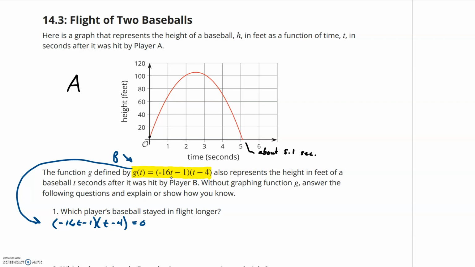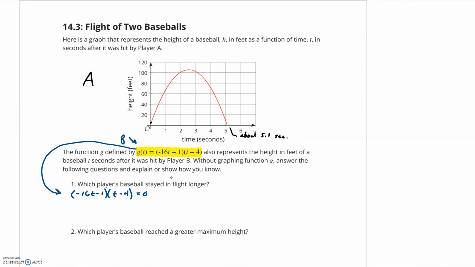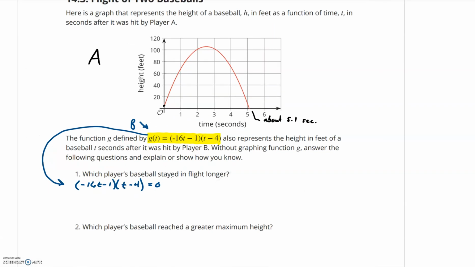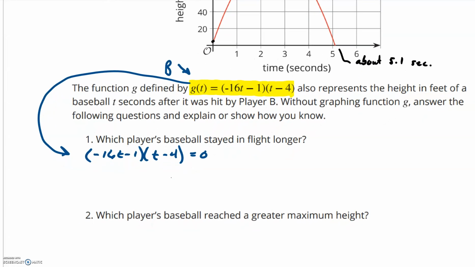Now remember, if we're looking for the x-intercepts here, what we did before was we have two things multiplied to equal 0. So we can take each of these, set them equal to 0, and solve. So let's take this first thing, negative 16t minus 1, and set it equal to 0.